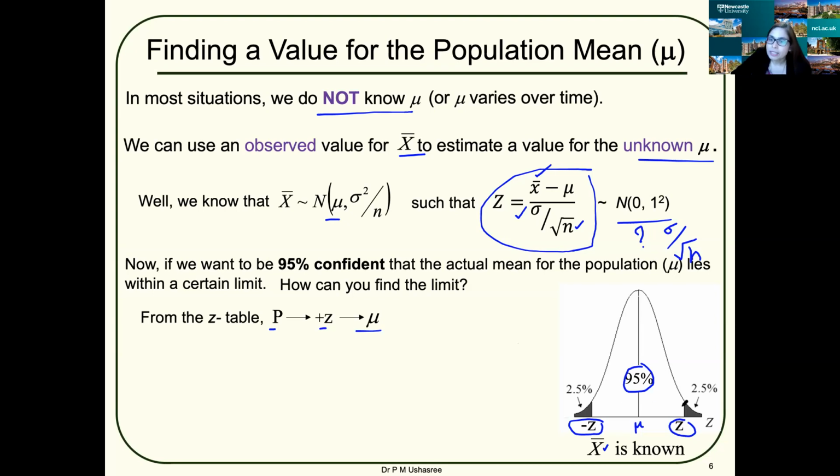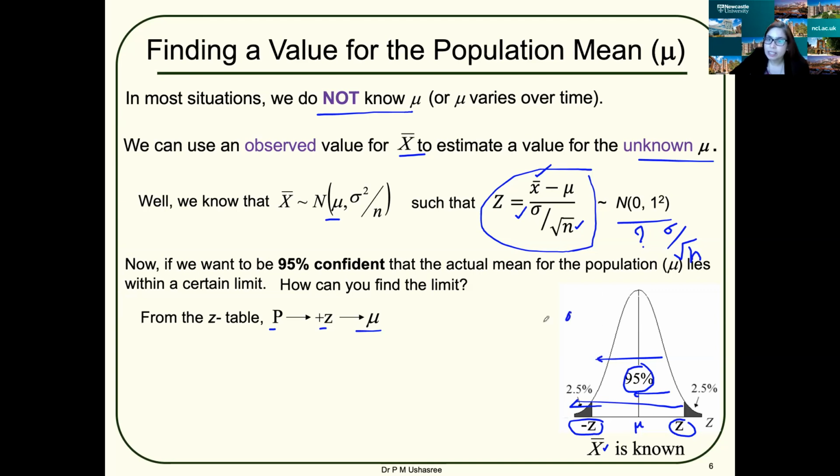The Z table gives the probability for positive Z values, to the left. So what will you look for? 95% plus 2.5%.